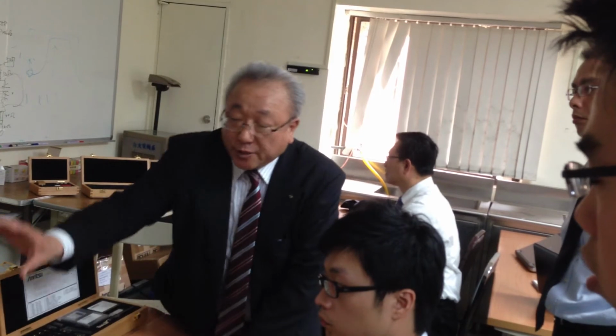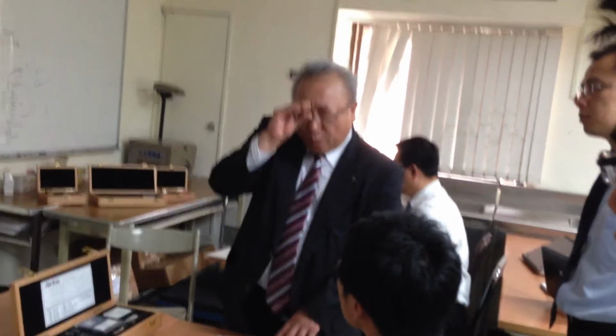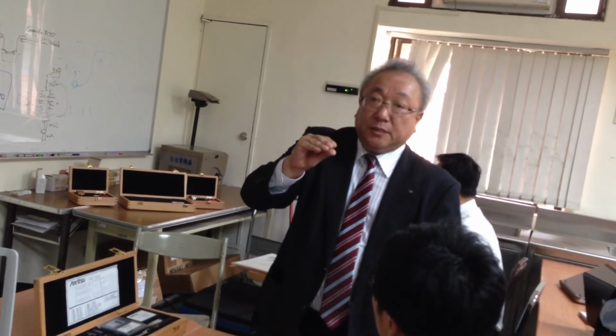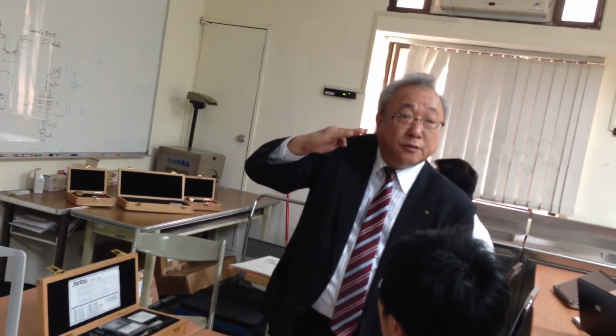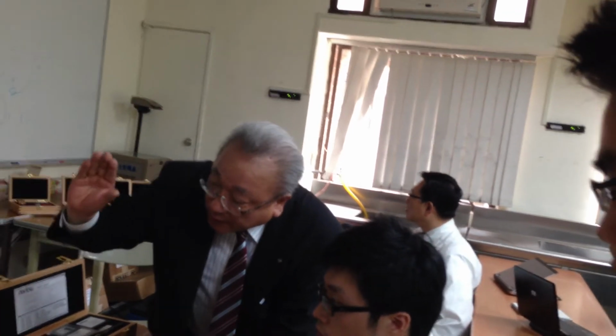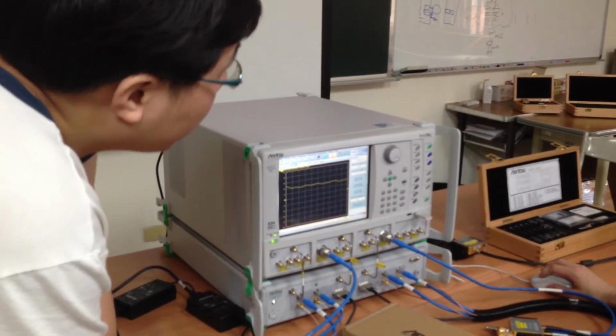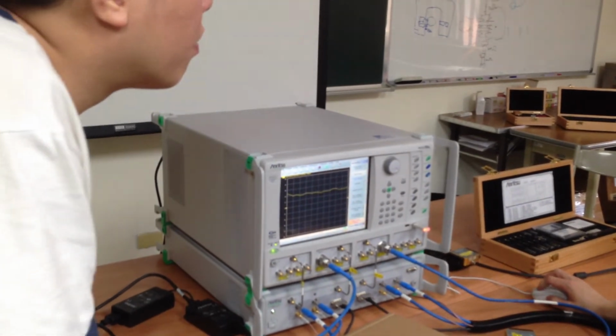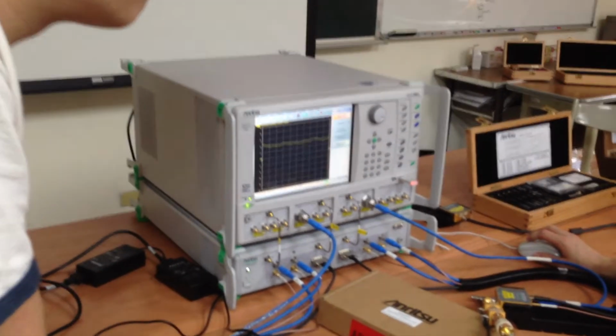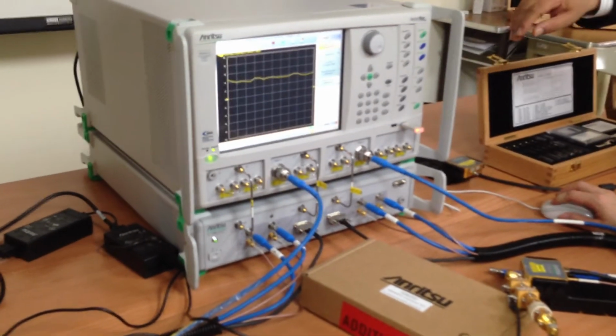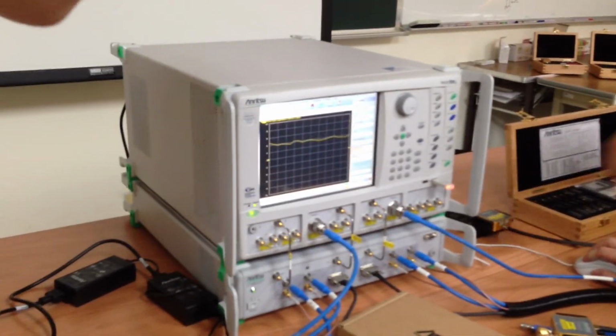So we are measuring very low power noise, and it fluctuates. To reduce the fluctuation, set a narrower IF bandwidth or change the number of RMS here.